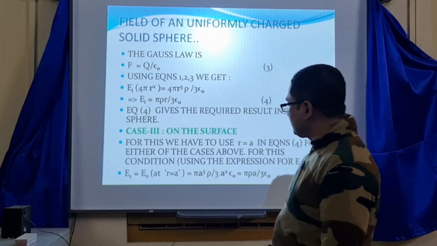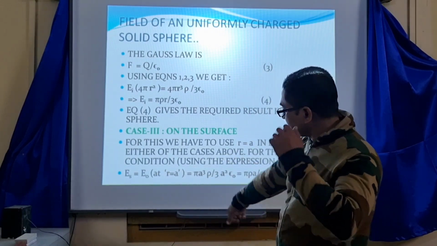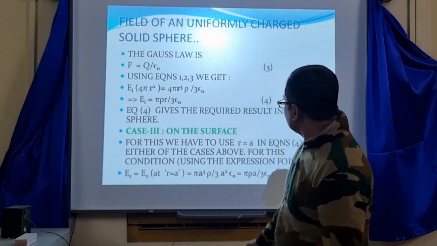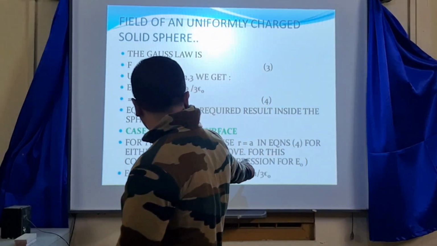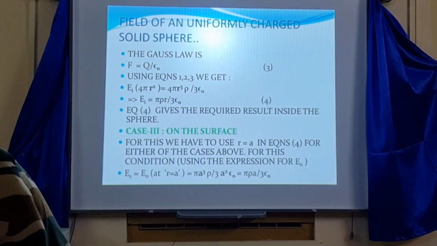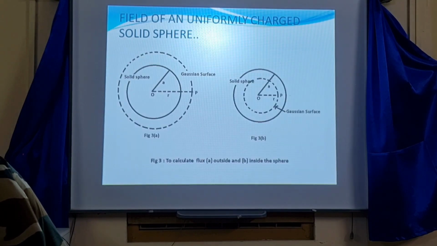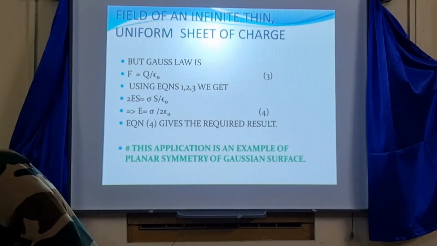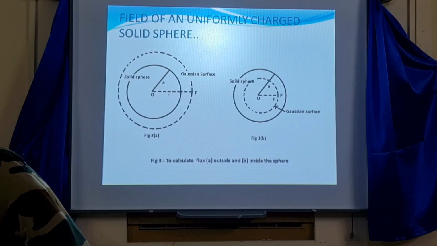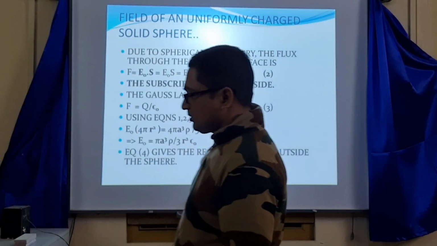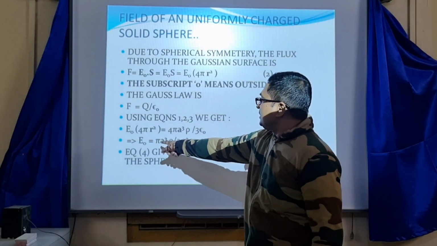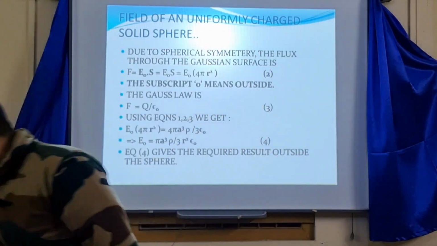Putting all these things in, we get results like this. E, with r equal to A, is equal to ρ A by 3 epsilon naught. I am talking about this expression, equation 4. In this expression we put r equal to A, and we get this equation.